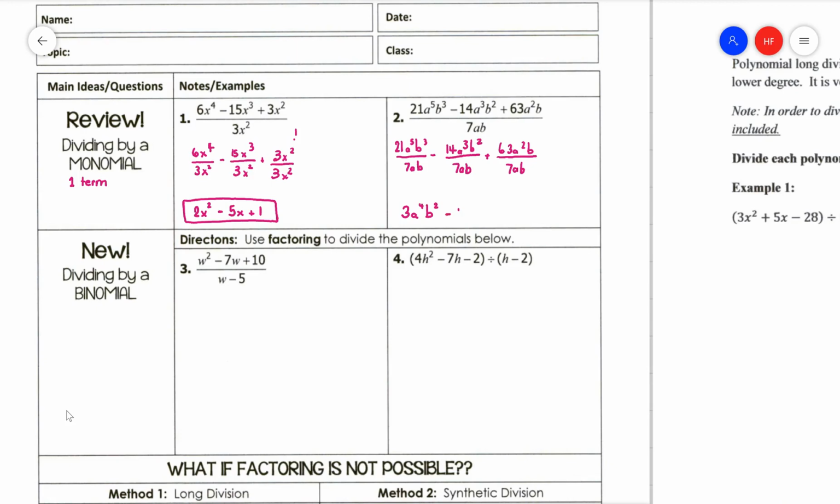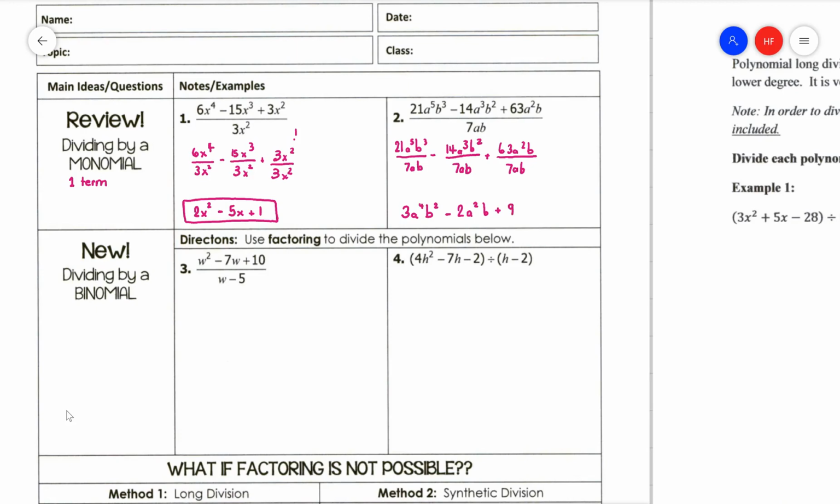14 divided by 7 is 2 for my coefficient. A cubed divided by a, we have 3 minus 1 for the power, which is 2. And then for b, we have 2 minus 1, which is 1. 63 divided by 7 is 9 for the coefficient.